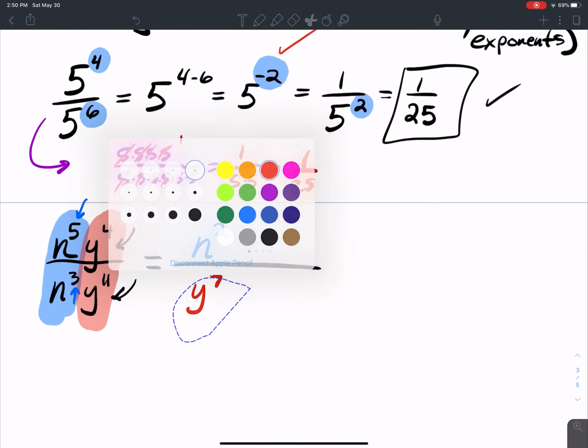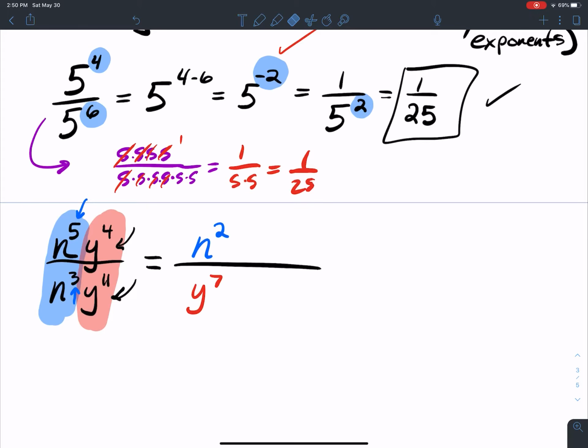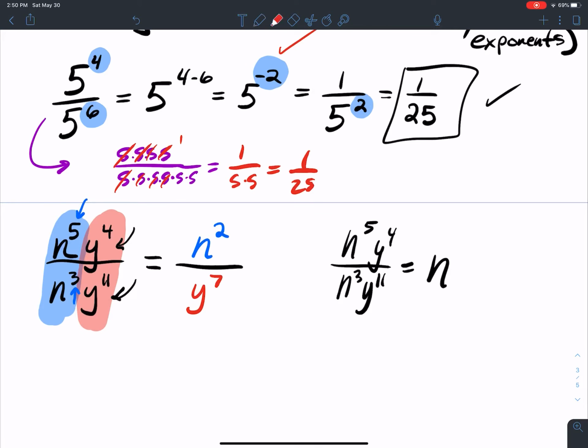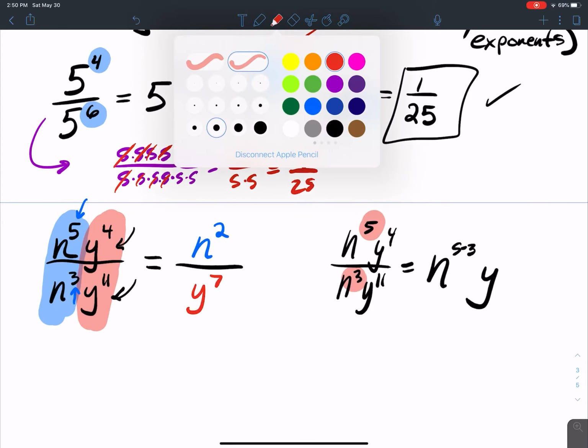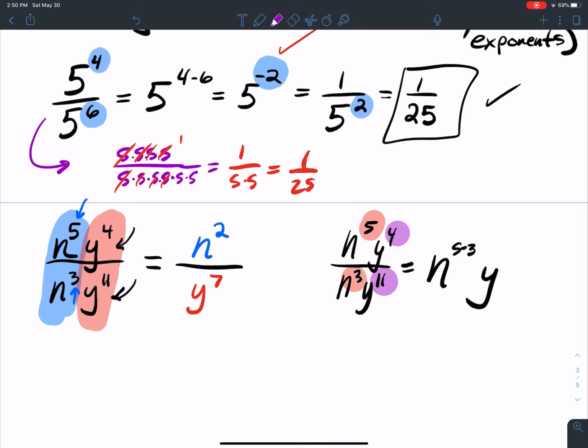If you want to do it the rule way, if I did n to the 5th, y to the 4th over n cubed, y to the 11th, the rule would look like this. I'd write n, and then I'd do 5 minus 3, and then I'd have y, and for my exponent I'd do 4 minus 11.